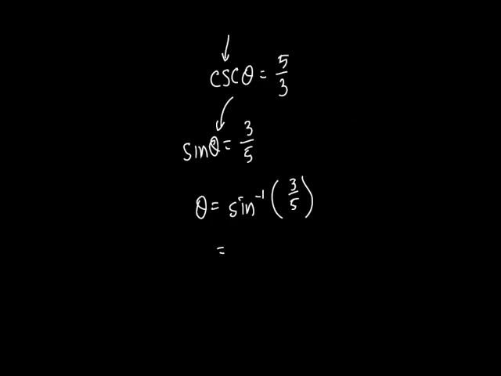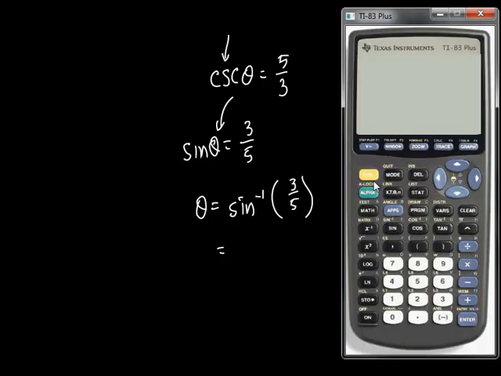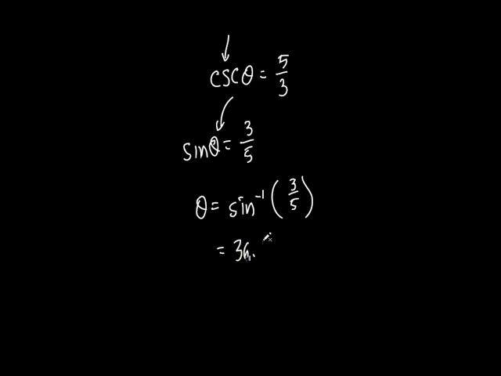Okay, so how would we go about doing this then? We would turn the calculator on first. We'd hit second function sine of 3 divided by 5, and then that's 36.9, right? So that would be 36.9 degrees.